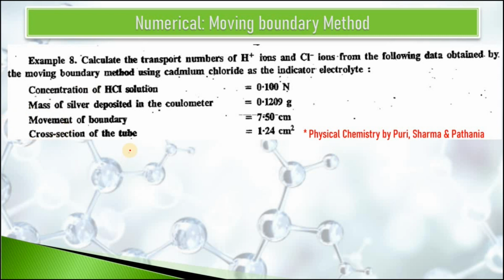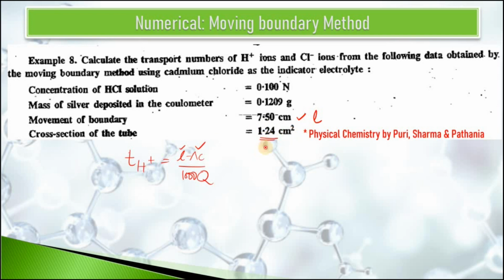As we have seen, the transport number of hydrogen ions is equal to L into A into C upon 1000 Q, where L is the distance moved by the boundary. It is given as 7.50 centimeter, and A is the cross-sectional area of the tube.